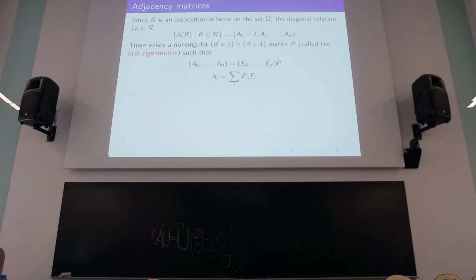So we have two bases, so there is a matrix which transforms one basis to another. So we have A0 to AD transformed to E0 to ED by some square matrix of size D plus 1 by D plus 1.